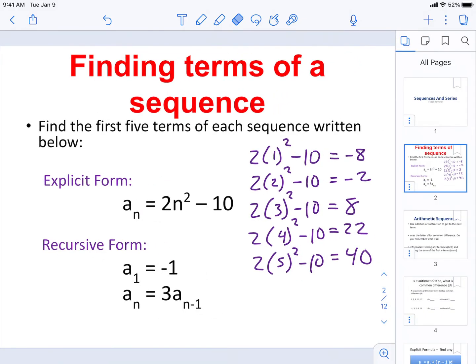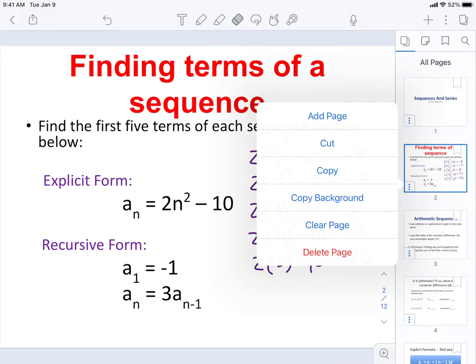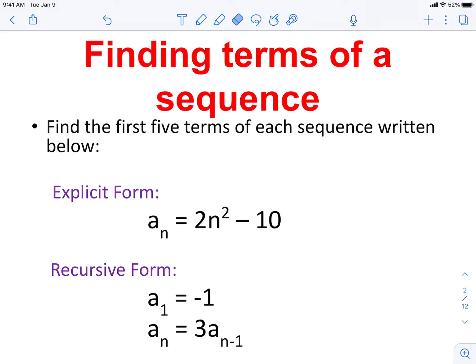Okay. When it comes to a recursive formula, this is probably the number one mistake that we see: students skip the first term. It always gives you the first term. So the tricky part is that first blank on the test is a negative 1 for your first term. Then for the subsequent terms, you're going to plug in the answer for a sub n minus 1. So we're going to change this to whatever the previous answer is.